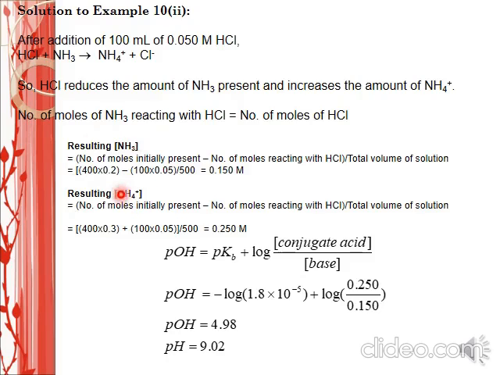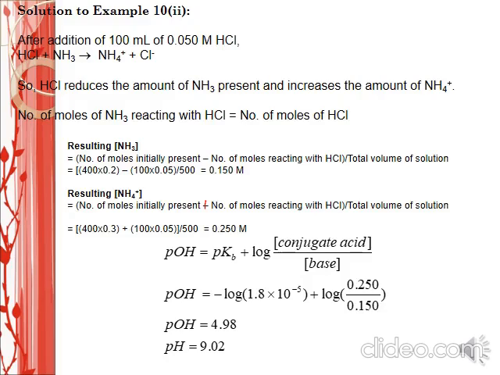How to find the new concentration of the conjugate acid, ammonium chloride? This one reduces, forming this, so this one should increase. So here, number of mole present plus, so you correct this. That one should be plus number of mole that reacted with hydrochloric acid, over total volume.